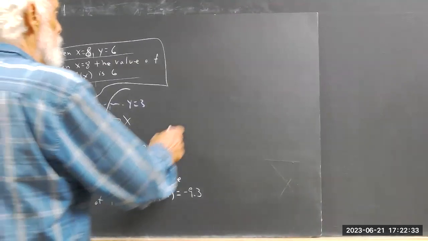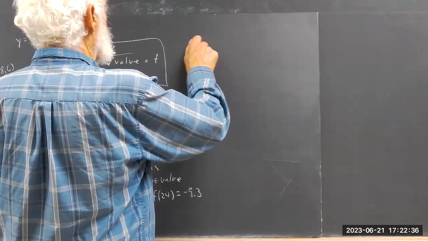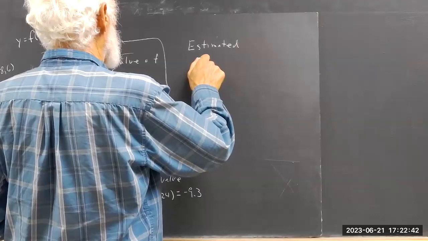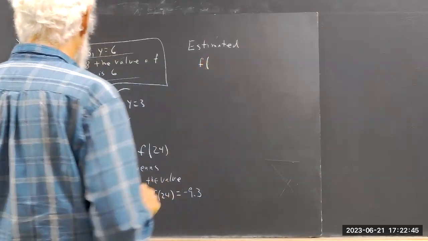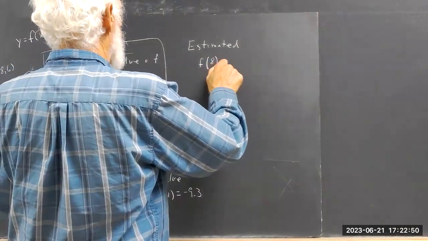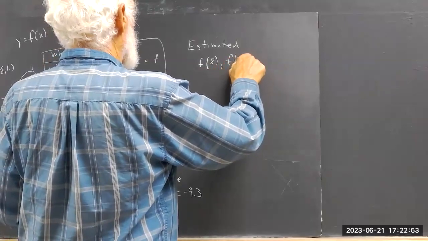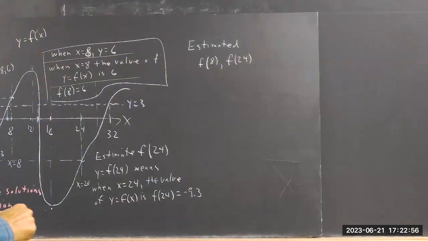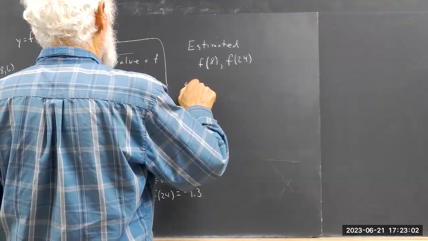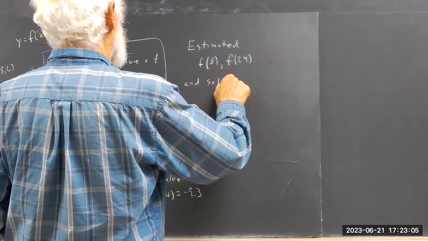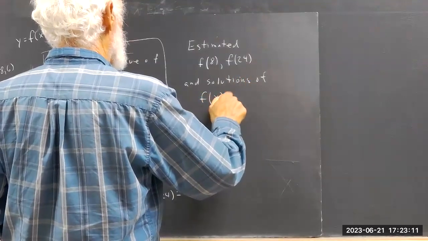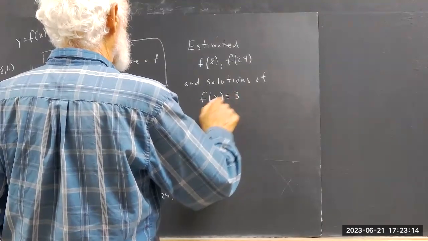So we've estimated f of 8, f of 24, and solutions of f of x equals 3.